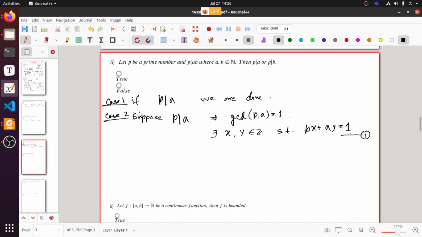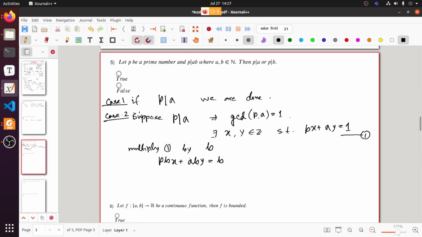Number it by 1. Multiply 1 by b, then what happens? It will be pbx plus aby equals b.